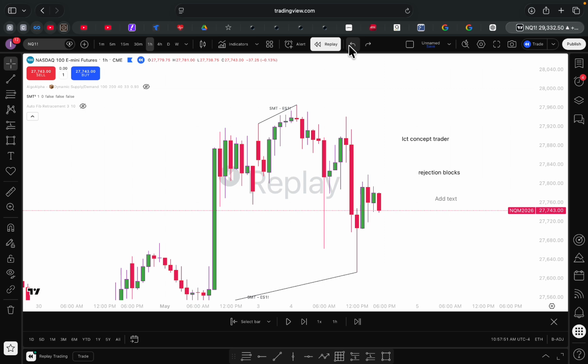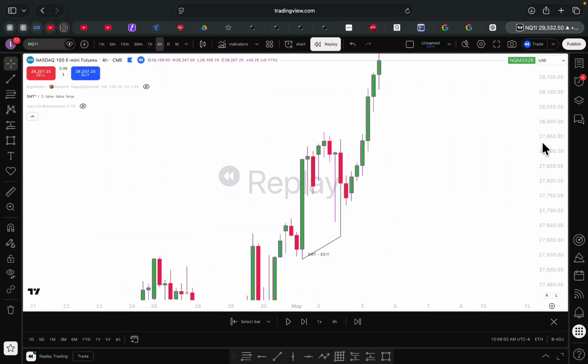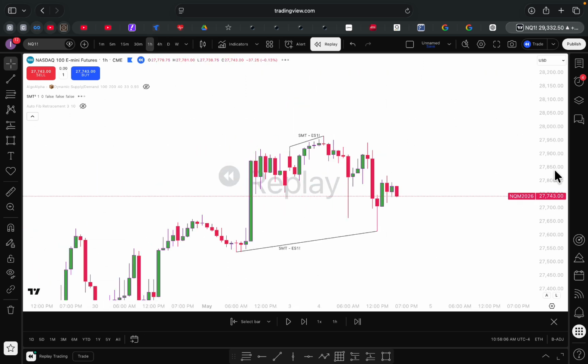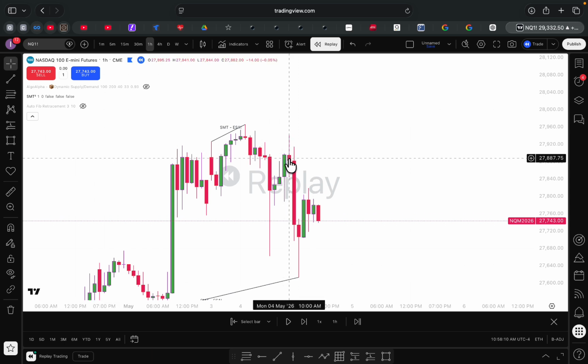Okay, so when I first got on the chart, I got on the 1 hour. Well, we could do the 4 hours. Do I see anything on the 4 hour? No, I was able to see it better on the 1 hour. So this right here was pretty much where the market opened.